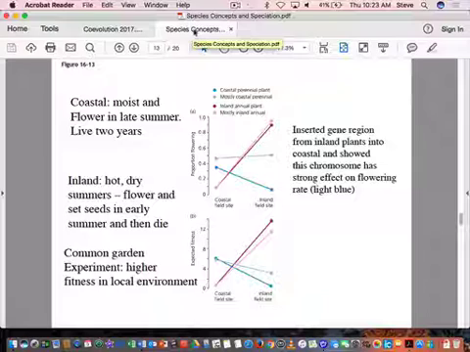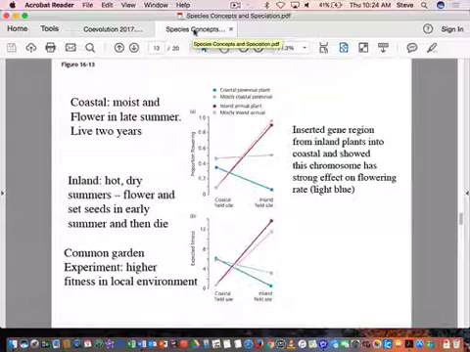And as I mentioned, they live 2 years. They're perennial plants, okay? Inland populations have extremely hot, dry summers, and they flower and set seeds in early summer and then die. They're annuals. They germinate, produce flowers, and die, all in the same season, and they do it very early on.